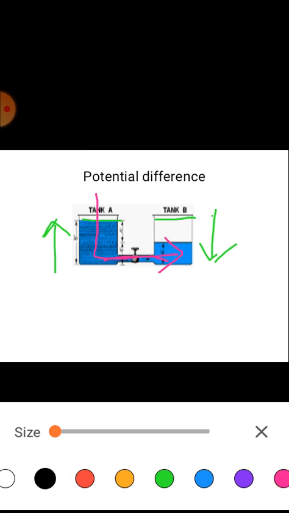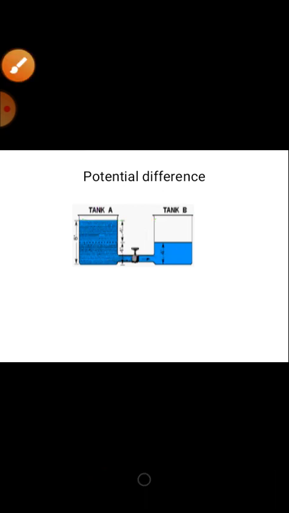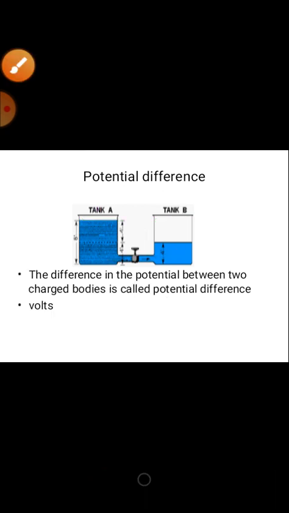Till the water level in both tanks becomes equal, then it stops flowing. Like that, potential difference is the difference in potentials between two charged bodies. If the charge in both bodies is the same, then the potential difference will be zero. It is measured in volts.